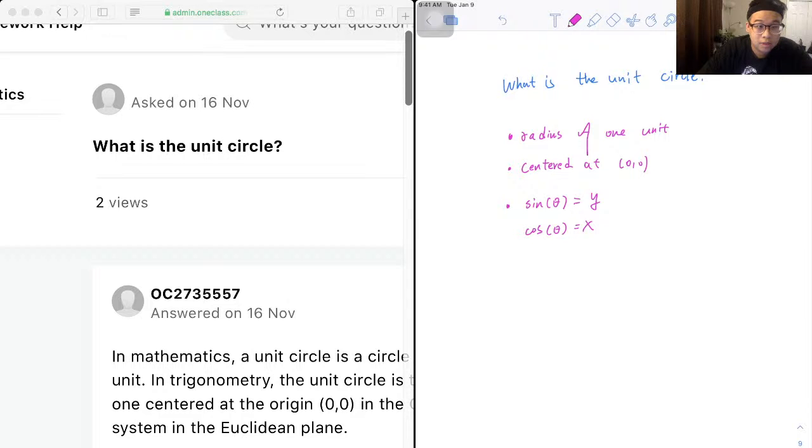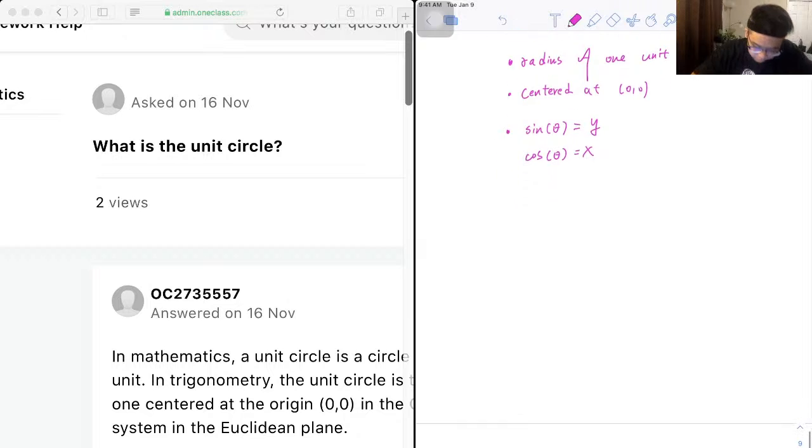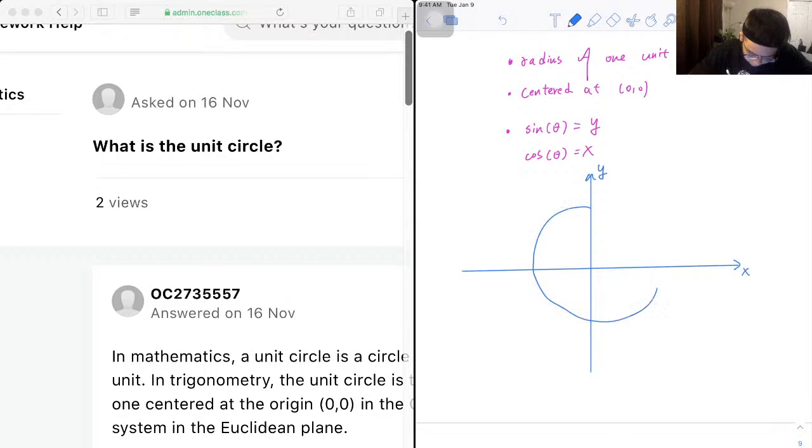Right, so first let's draw the unit circle. So that's the x-axis, y-axis, and we have a circle.